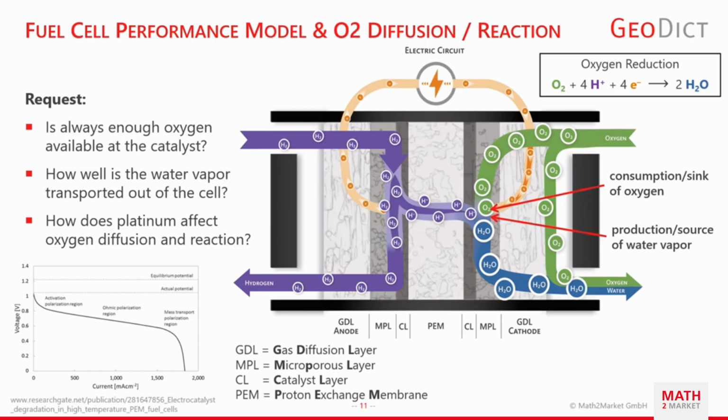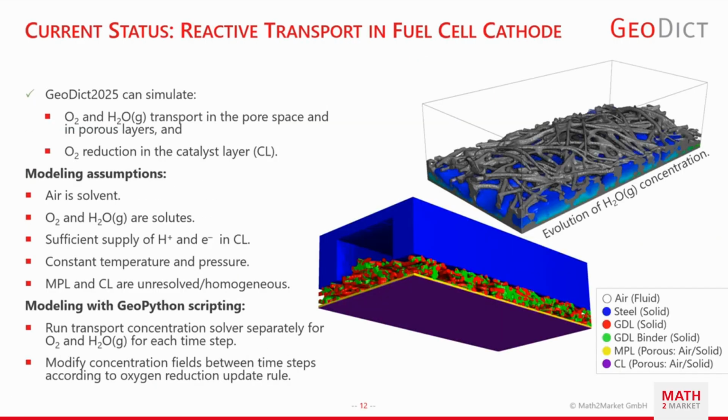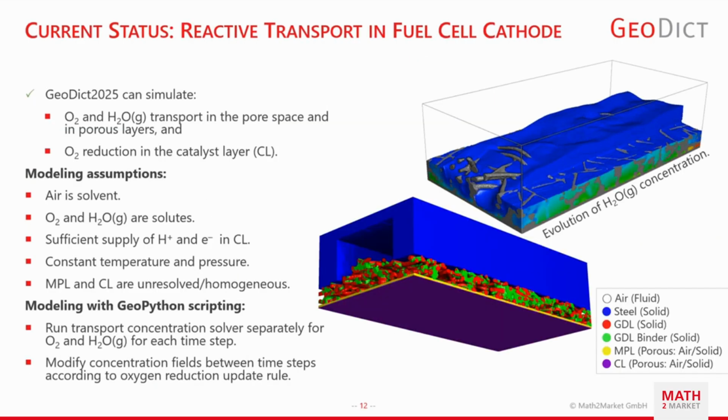And how well the fuel cell performs depends on the distribution of platinum, and how it influences the diffusion of oxygen. So what you can already do with GeoDict 25 is simulate the transport of oxygen and the transport of water vapor. So not water, but water vapor.